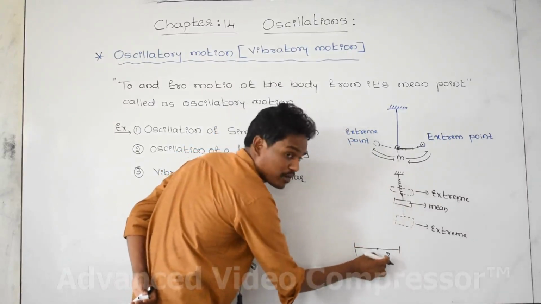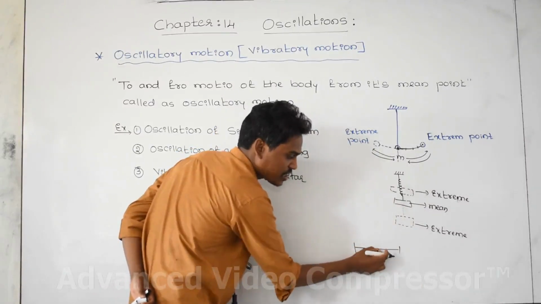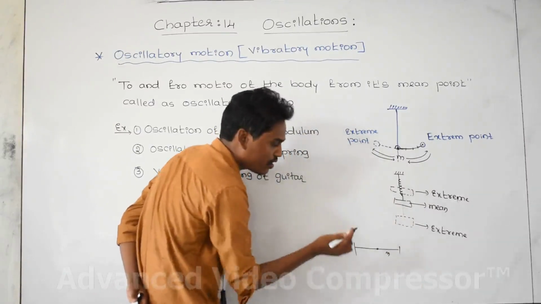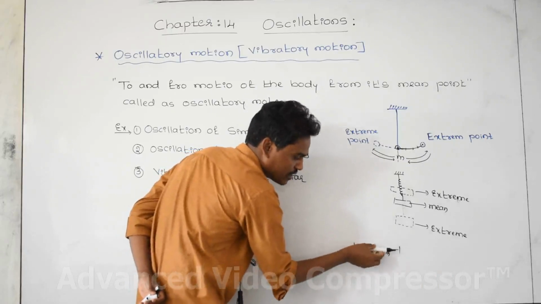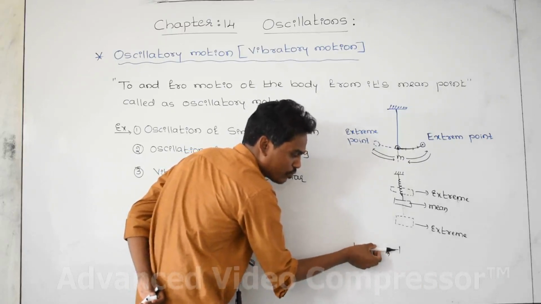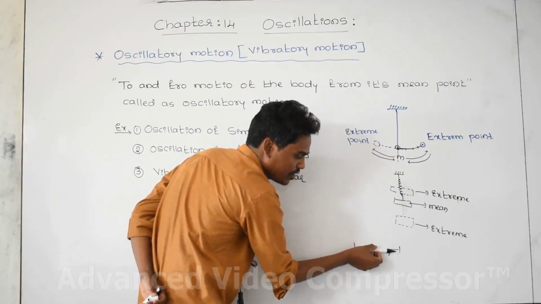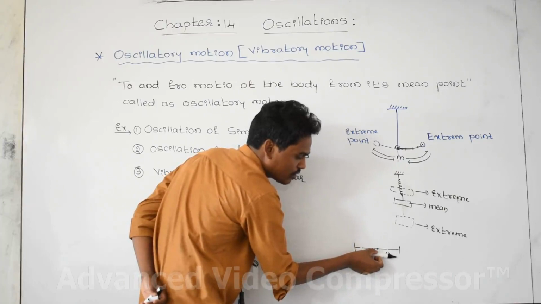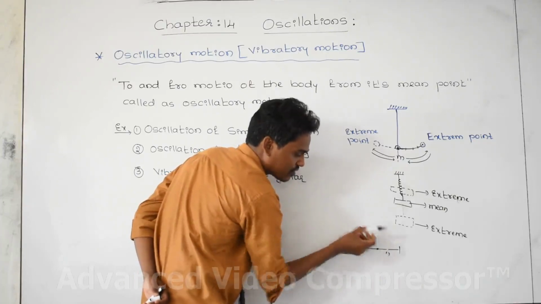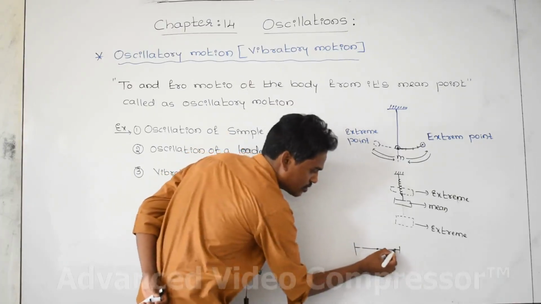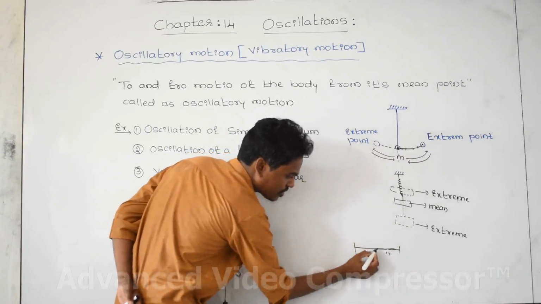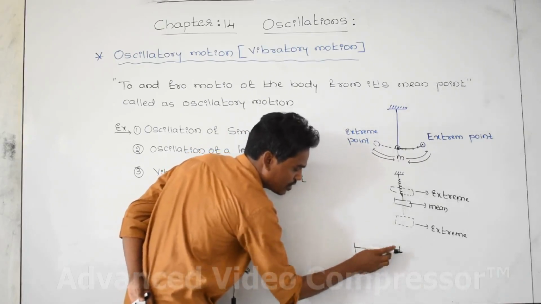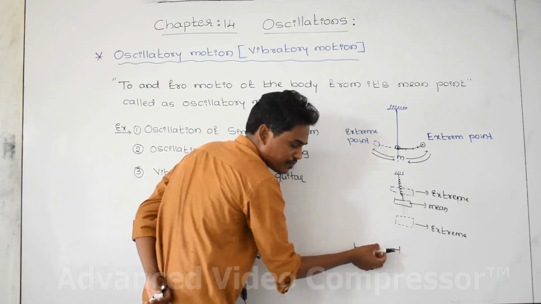If you disturb the wire of the guitar with your finger, the wire vibrates, moving up and coming back to the same point, moving down, coming back to the same point. Now the wire is at rest; this position is called the mean point.